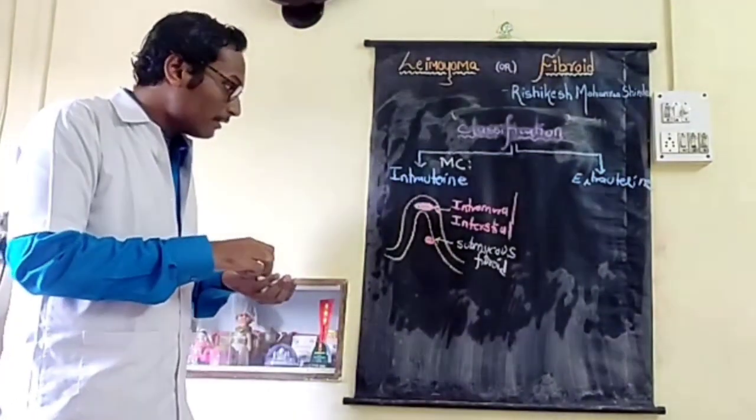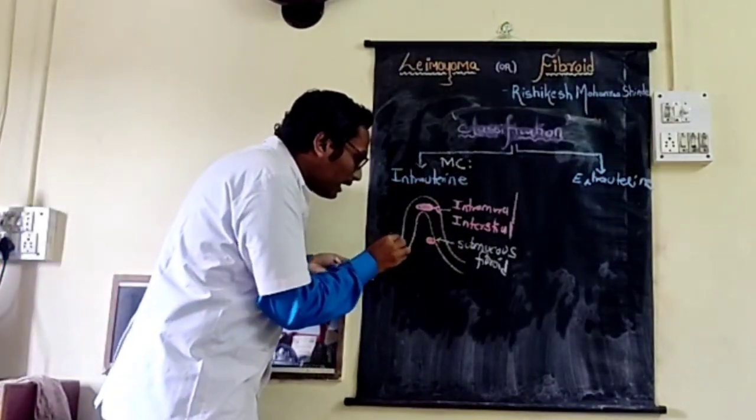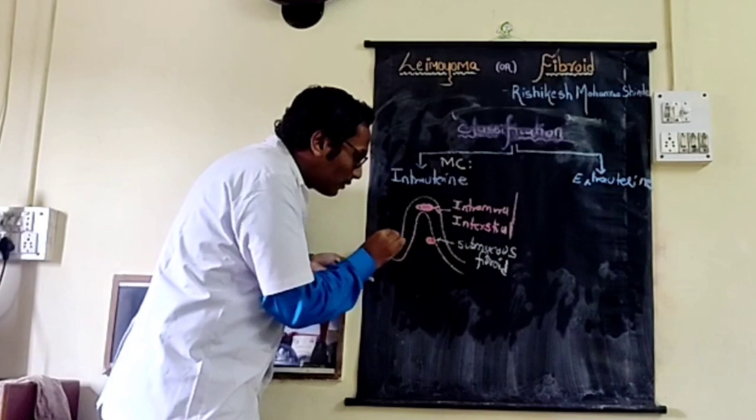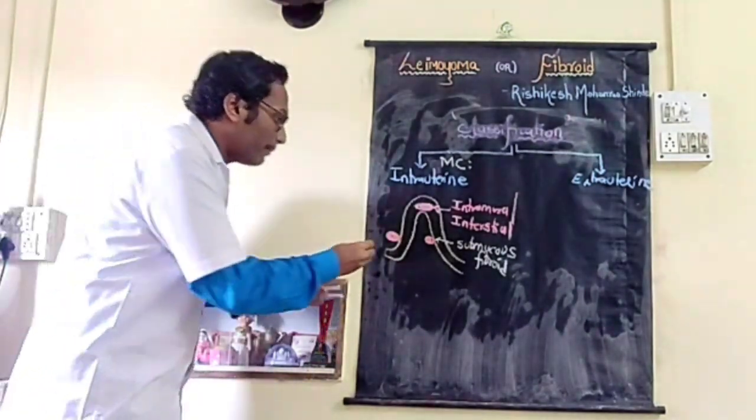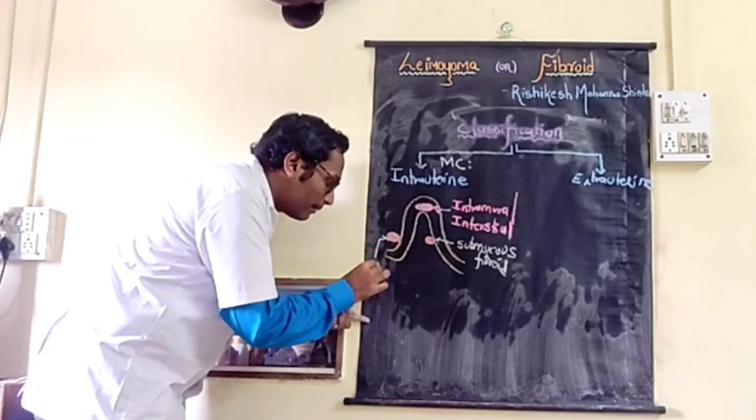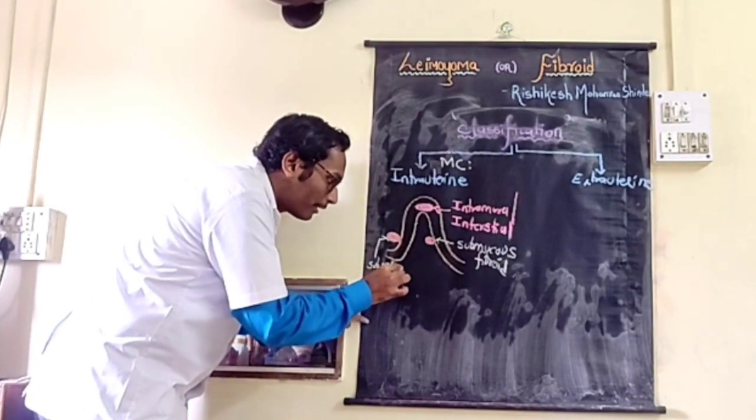And if the fibroid involves the outer covering, the serosa, this type of fibroid is known as subserous fibroid.